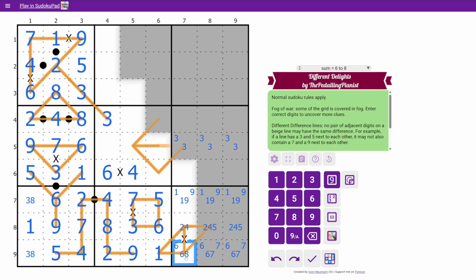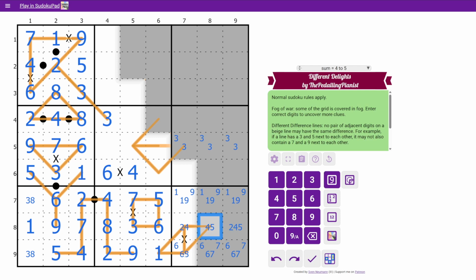If it was 2, 8, it could be a 4 or a 5. So it can't be a 2, I think is what I'm saying.